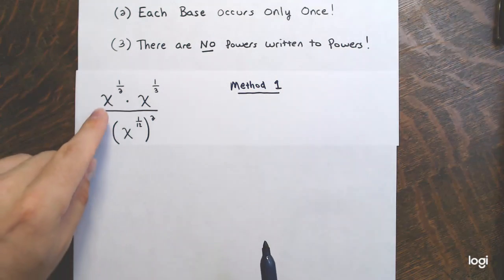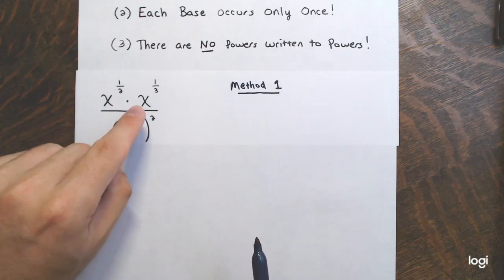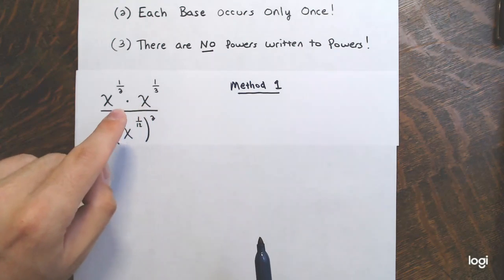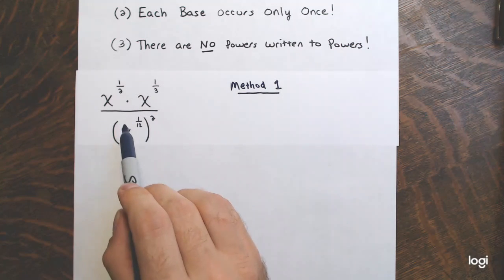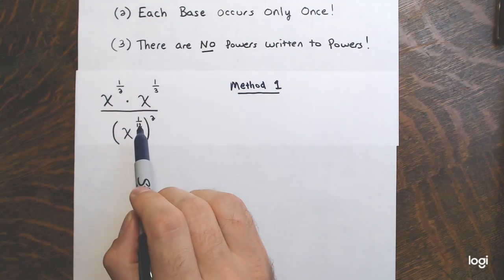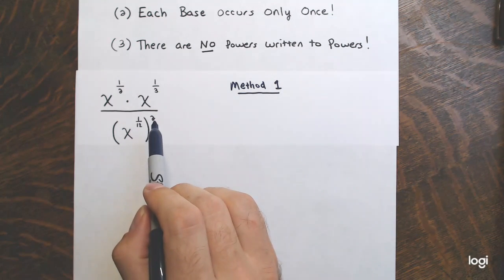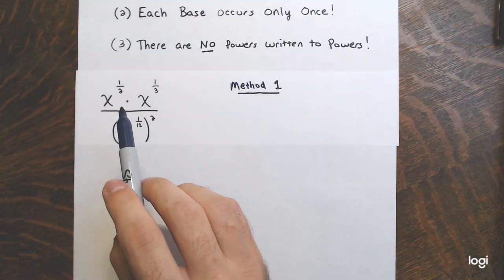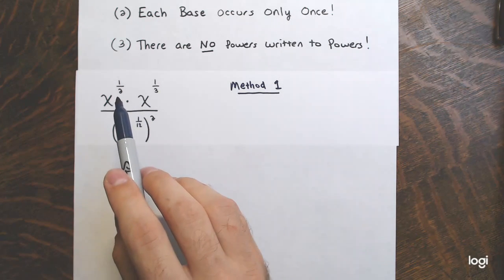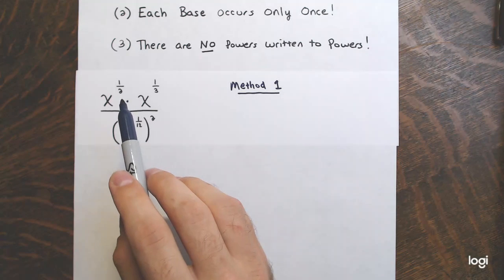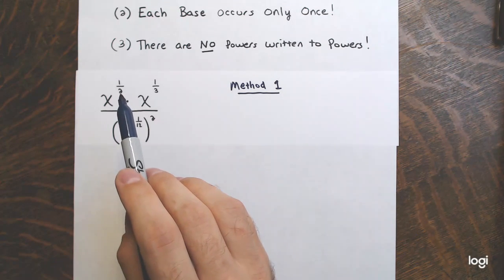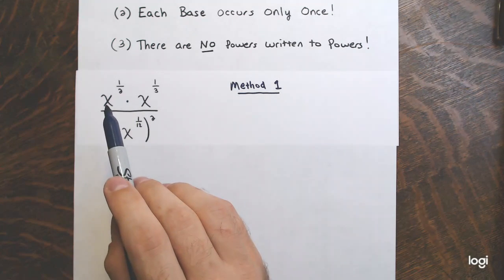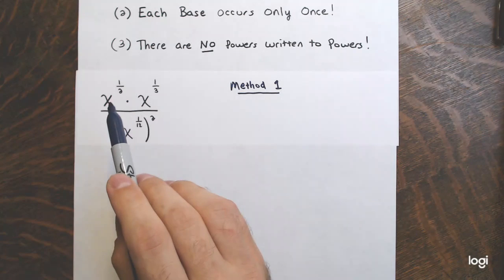So I have x to the 1/2 times x to the 1/3, divided by, that's all the numerator. And then down here I have x to the 1/12 and then to the second. So right away, I know we're already told to assume the variables are positive. But look, here I have the x to the 1/2 power, the square root of x, so x can't be negative from this.